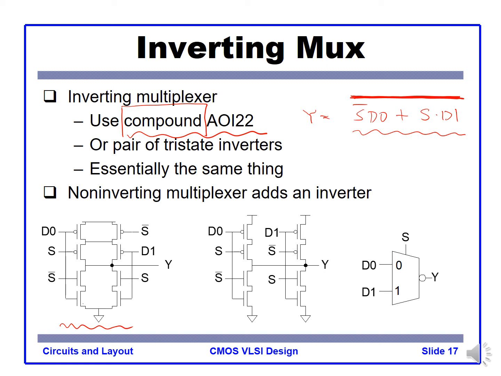So this NMOS pull-down path is made from this equation down here, with series connections and parallel connections, converted here to parallel, and also a series connection between two parallels. This is kind of complementary logic to easily construct the compound gate, so we prefer to represent the logic in this format.